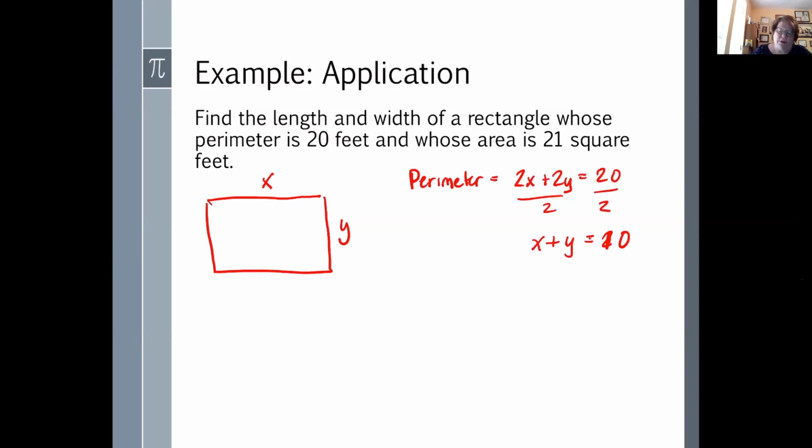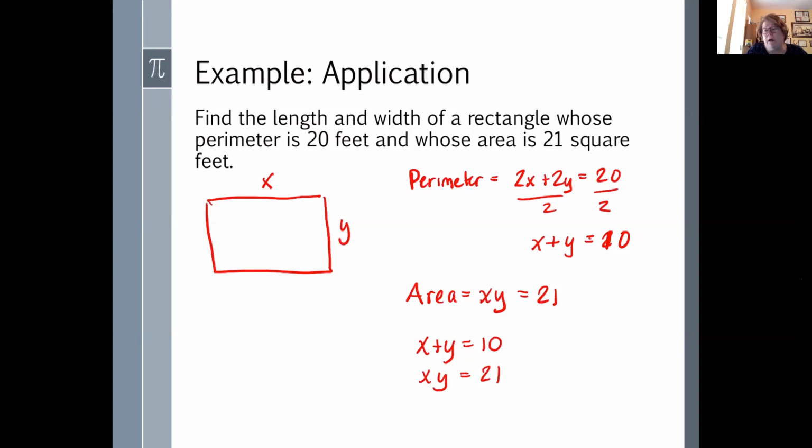Well, what's my second equation? Well, my second equation is for area. The area of a rectangle is its length times its width, and they tell me that is 21. So now I have a system of nonlinear equations. I have x plus y equals 10 and xy equals 21.